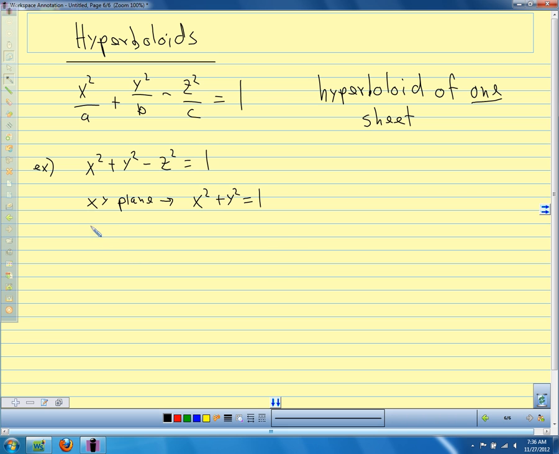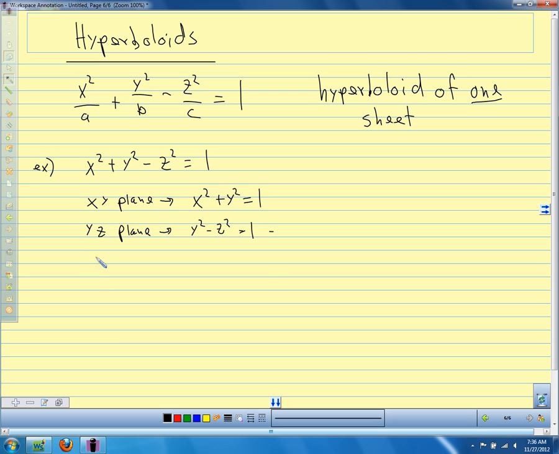In the yz plane, I have y squared minus z squared equals 1, which is a hyperbola.